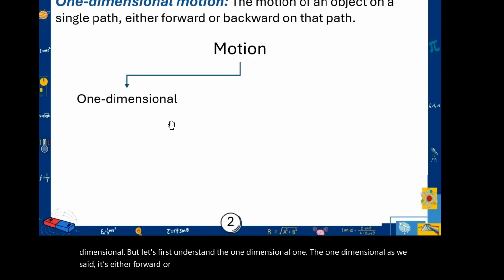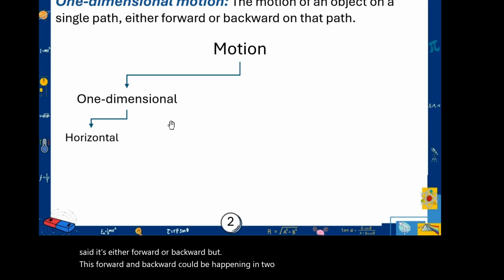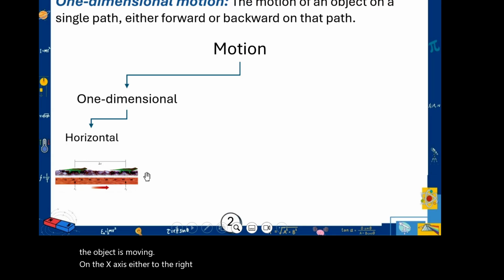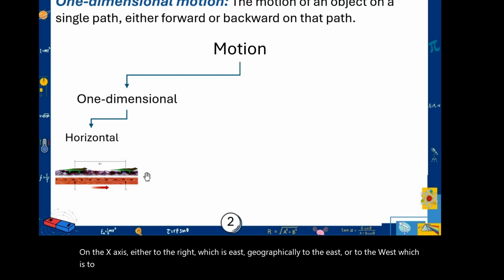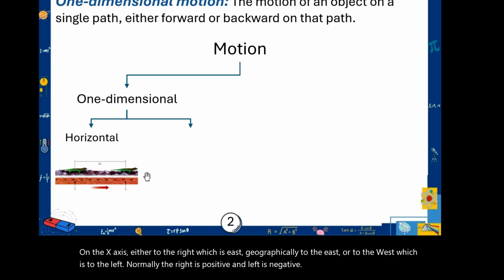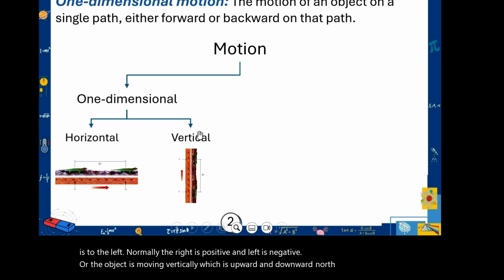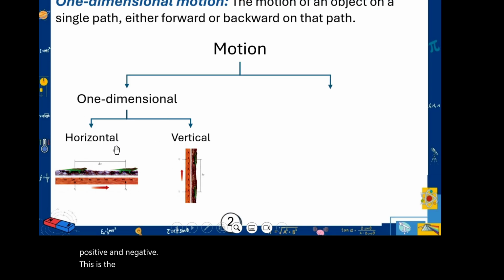But this forward and backward could be happening in two ways: either horizontally on the x-axis, where the object is moving either to the right, which is east geographically, or to the west, which is to the left. Normally, the right is positive and left is negative. Or the object is moving vertically, which is upward and downward, north and south, also positive and negative. This is the one-dimensional motion, basically.